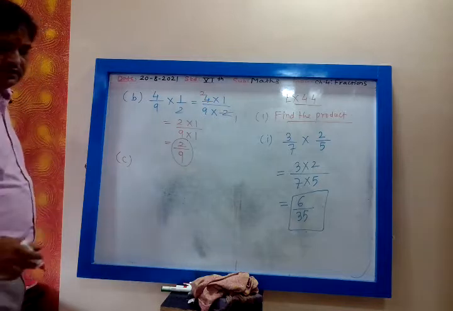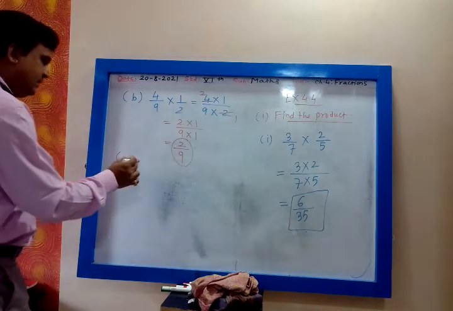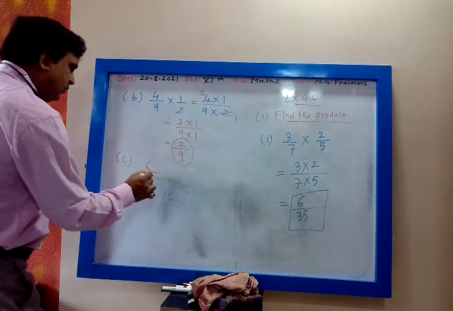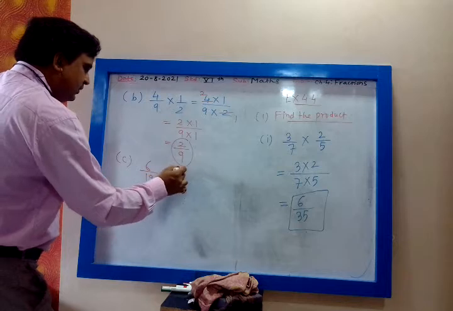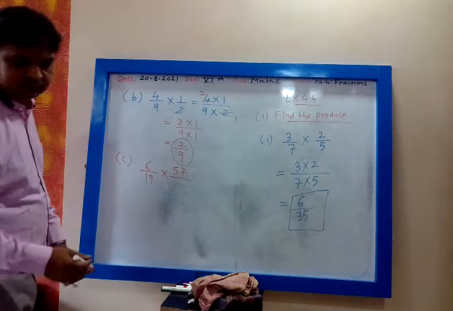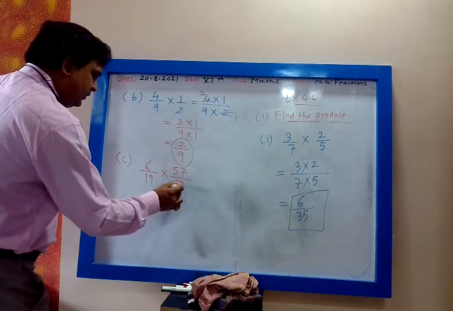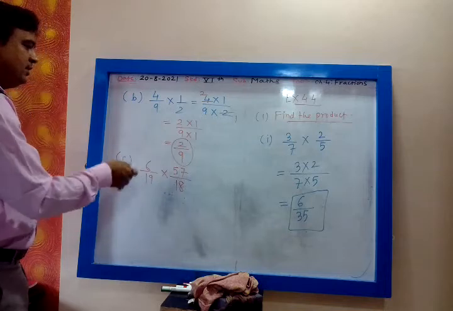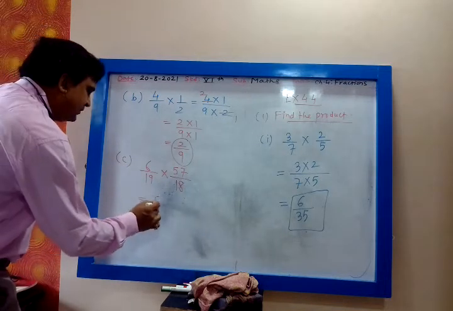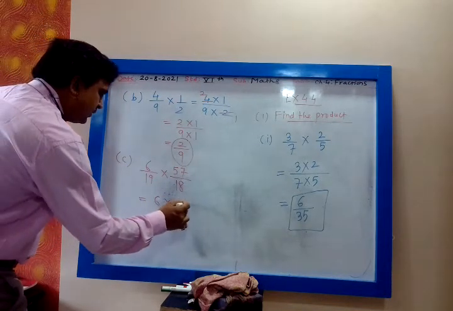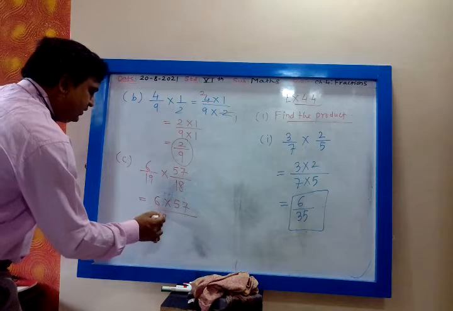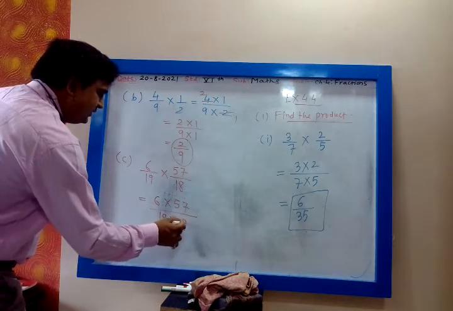Let us see C. 6 by 19 into 57 by 18. Okay. So multiply numerator to numerator, denominator to denominator. So that is 6 into 57 upon 19 into 18. Yes.